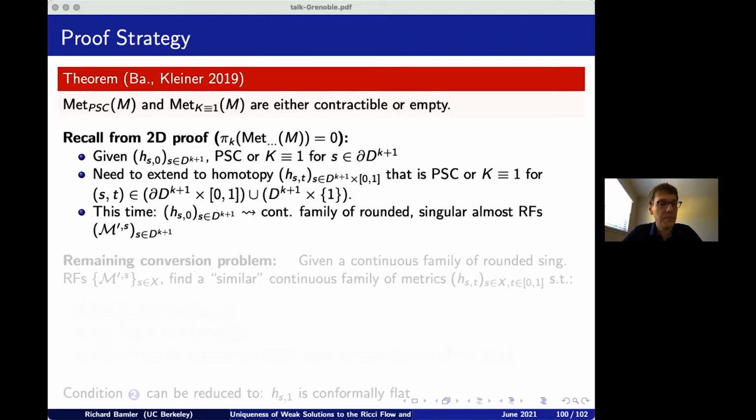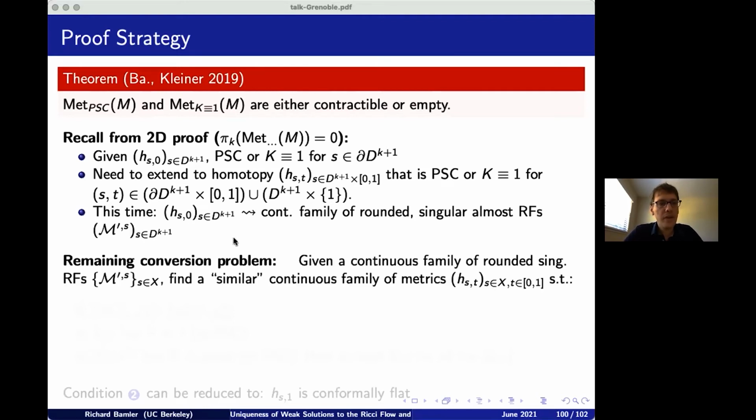We need to extract some information out of them, which will lead to the desired null homotopy. All right, so what's the remaining problem? We basically need to somehow convert these flows into families of metrics on the initial manifold. So abstractly, what does it mean?